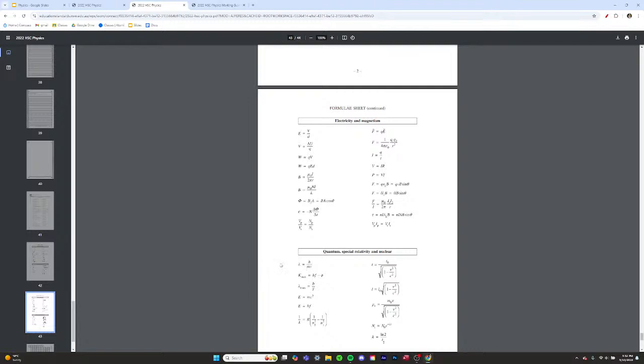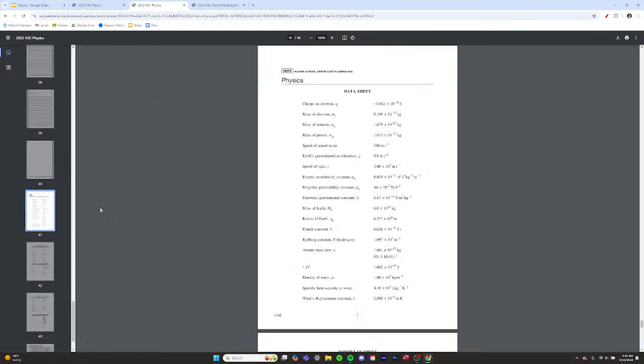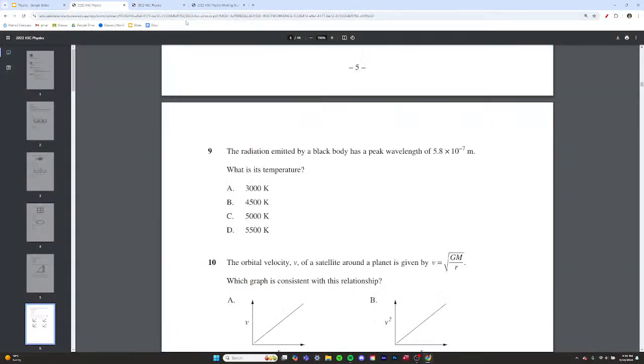Well, we know the wavelength. Yeah, but we gotta know, what's B? Where's B? There it is. So T equals, I'm just rearranging the equation, B, 2.898 times 10 to the minus 3, over wavelength max, which is 5.8 times 10 to the minus 7.